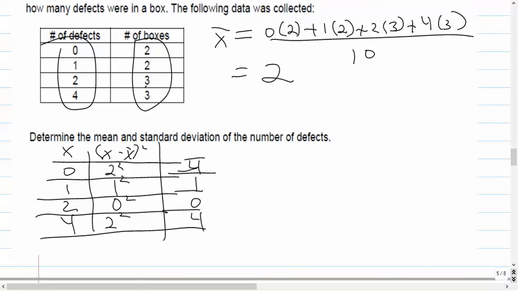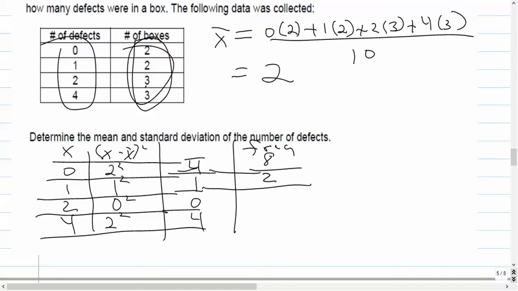But we have to take into consideration these data values were not given, we're given their frequencies, right? So the 4 shows up 2 times, so I'm going to take into consideration the frequency. 4 shows up 2 times, so 4 times 2 is 8. 1 shows up 2 times, so 1 times 2 is 2.